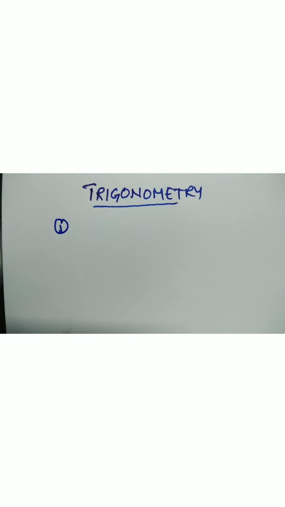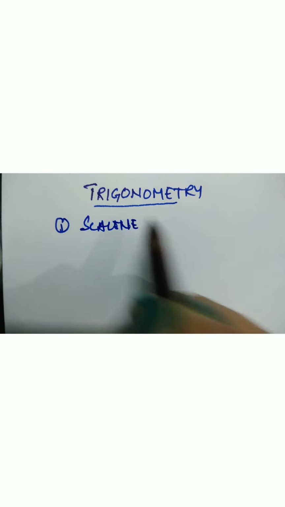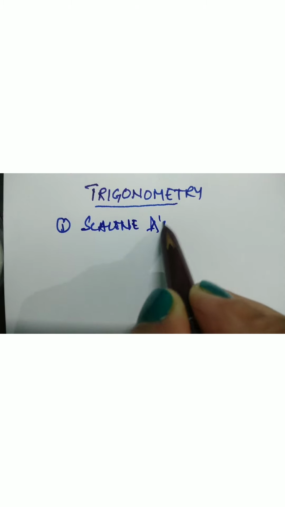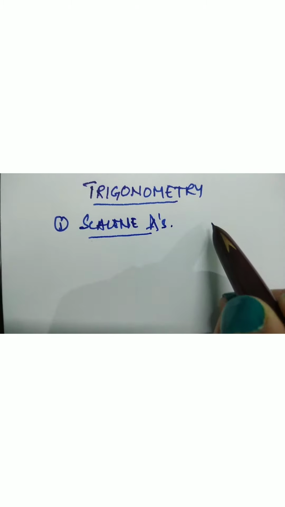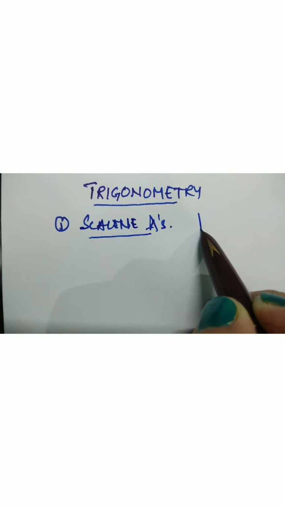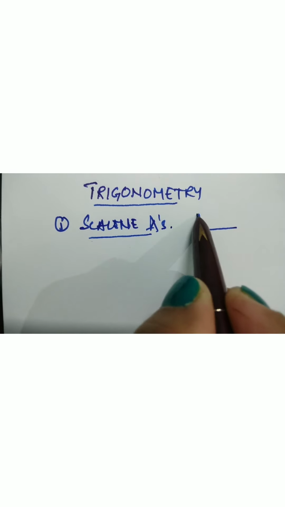You have already studied the different types of triangles. The first one, scalene. What's in scalene triangles? Scalene triangles are those triangles where all the three sides are of a different length.